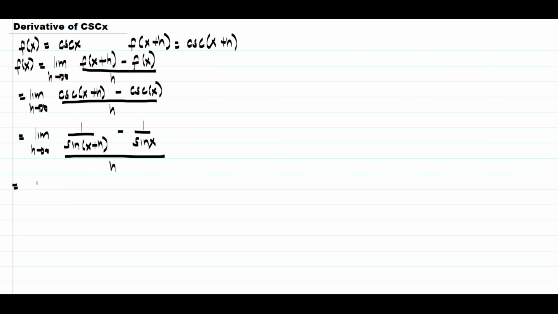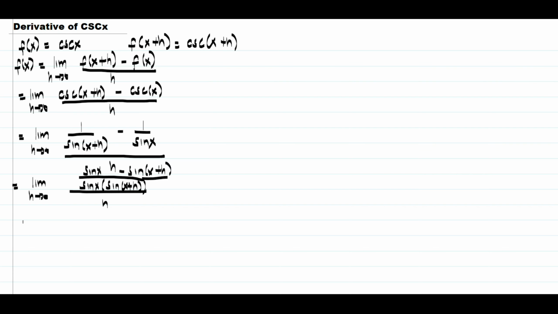And then let us have limit h approaches 0. So let us write h on the denominator together with sine x times sine x plus h, and then cross multiply: sine x times 1, that is sine x, minus 1 multiplied by sine x plus h.